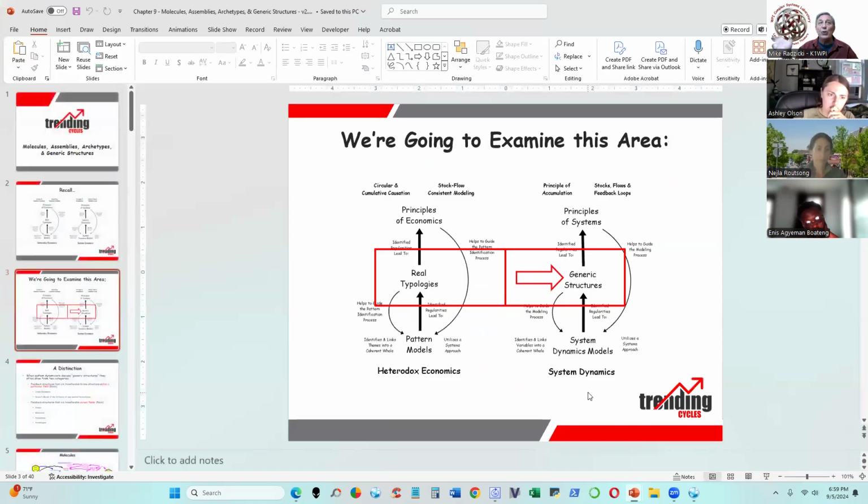Now, in the first course, you might recall, we went through 3 molecules: a first order positive loop, a first order negative loop with an implied goal of 0, and a first order negative loop with an explicit goal. If you remember that, we pulled them together. We built an arms race model and a bunch of things. So let me pause and say, you remember that from the first course, right?